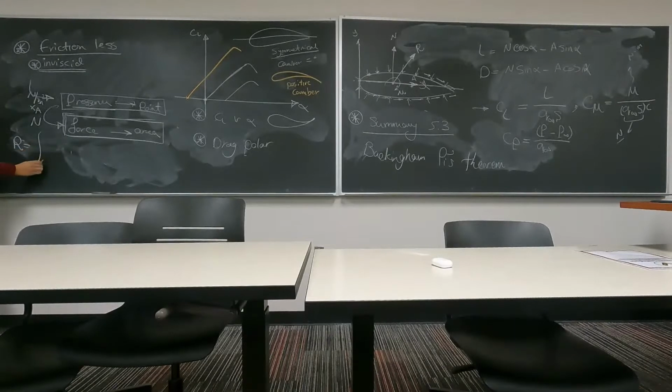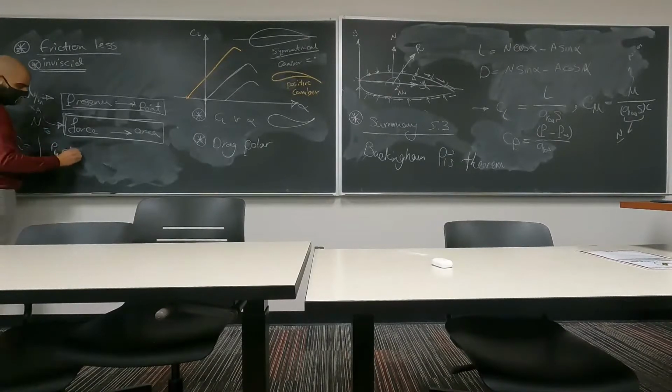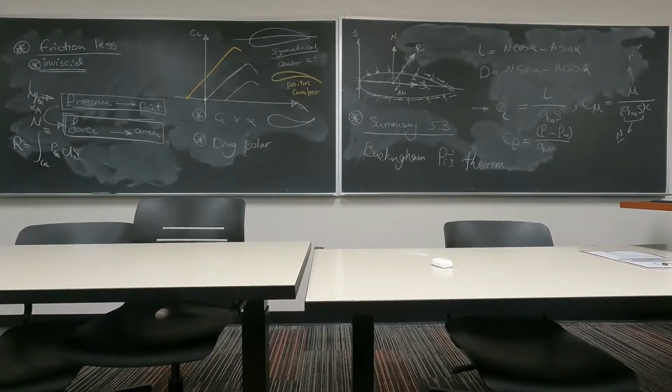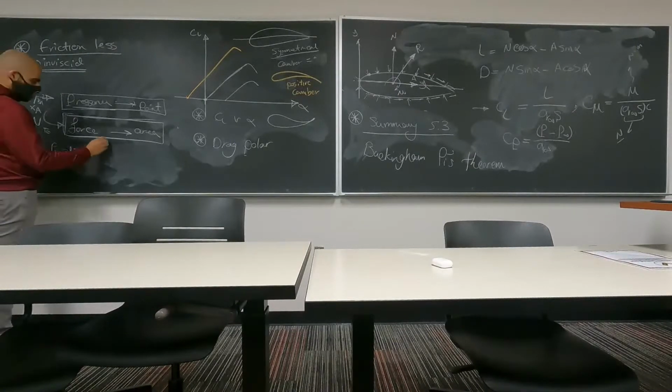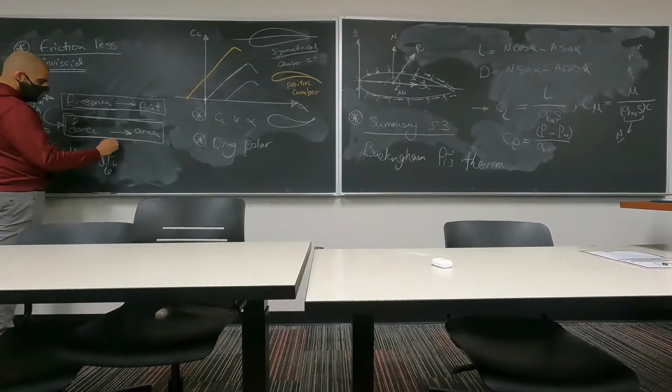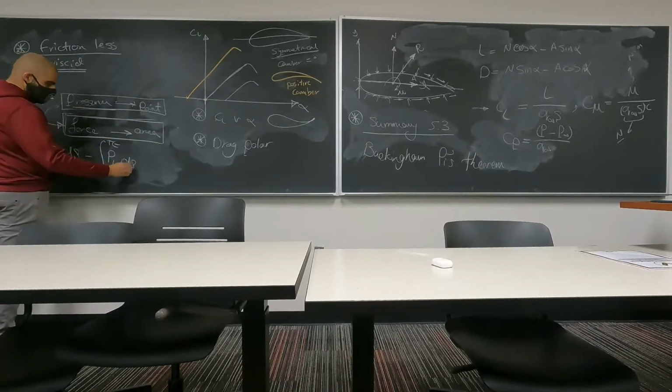Take the integral from leading edge to trailing edge of P of the upper surface, ds, that's the element of your surface, minus P of the lower surface, ds.